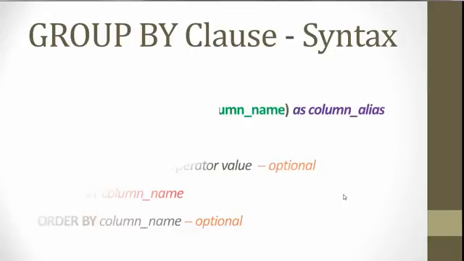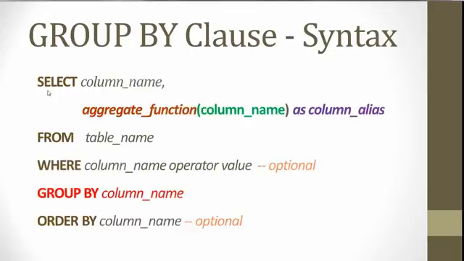Okay. Let's look at the group by clause syntax. We have the select column name and another column on which the aggregate function is being applied. And then we have the from table name, which we know is a must, and then an optional where statement. And then we have the group by, and this column in the select is pretty much the same one in here. Whatever column on which you apply the aggregate function is generally not included in the group by.